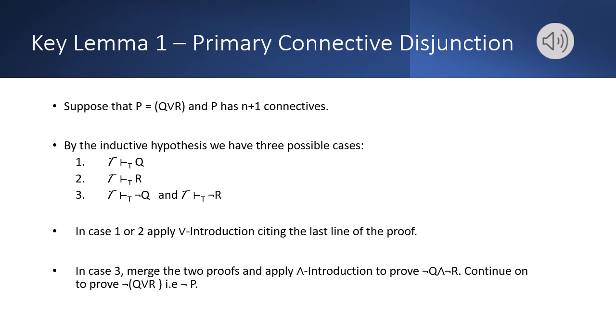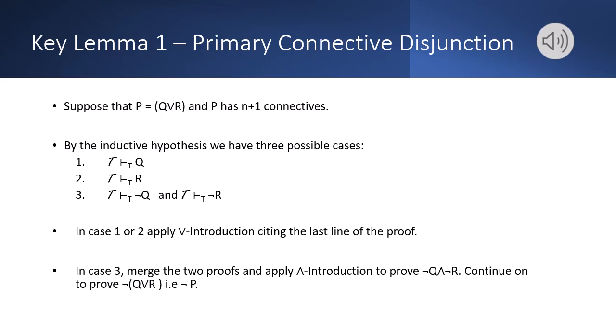And we introduce the disjunction of Q and R, in other words, P. So by adding simply one step and citing that final line of the proof in both case 1 and 2, we end up with a proof of P. So we then have a proof from our assumptions, script T, of the sentence P. So that's what happens in case 1 and in case 2.